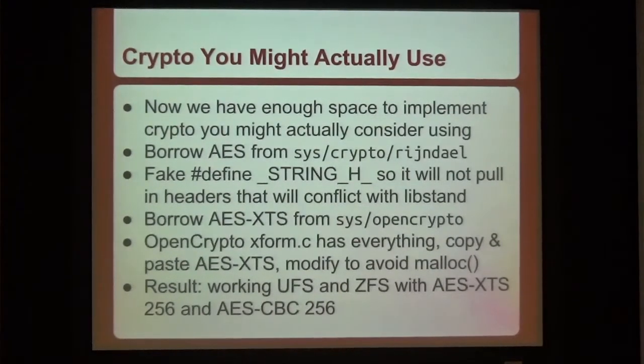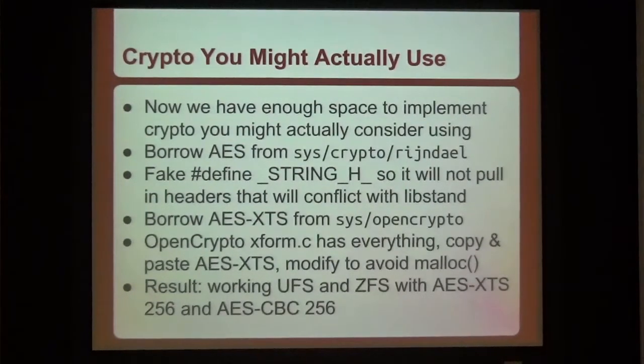So then, at this point, now that space isn't a concern, I'm looking at building something that would actually be acceptable to the FreeBSD project, rather than something I copied and pasted from GitHub. So the first thing I did was borrow the AES implementation out of the crypto subsystem in the kernel, which is the original public domain Rijndael thing. But I had to fake define string.h, because otherwise it would conflict.